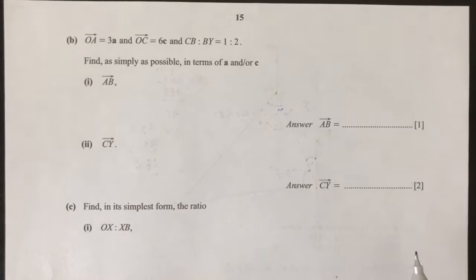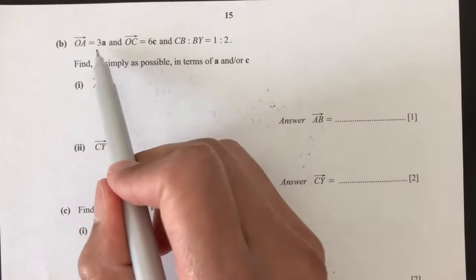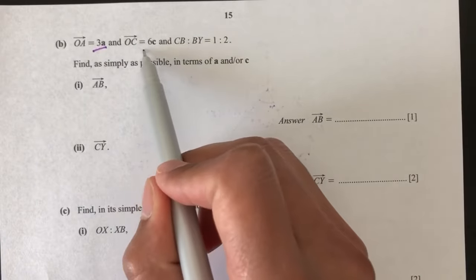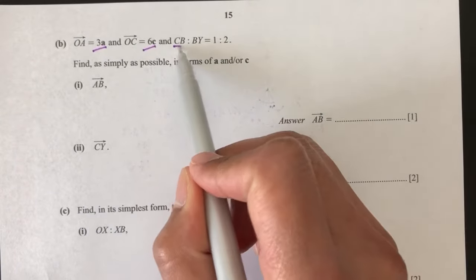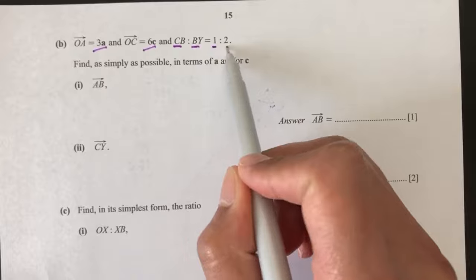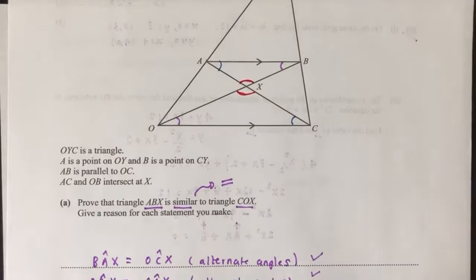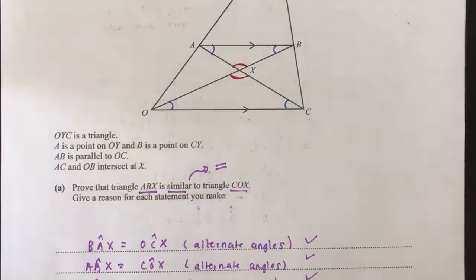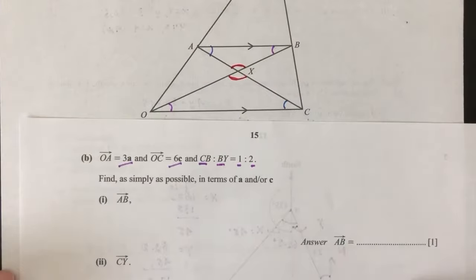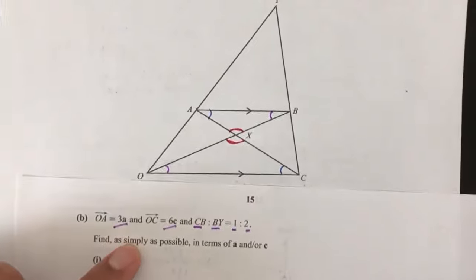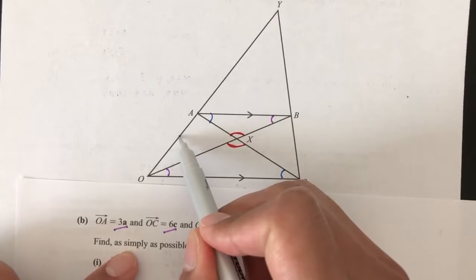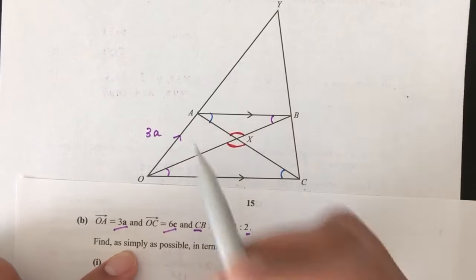Moving on to part B, we have OA as 3A, we have OC as 6C, and the ratio of CB and BY is 1 to 2. So let's write this down on this triangle. OA is this one, 3A.